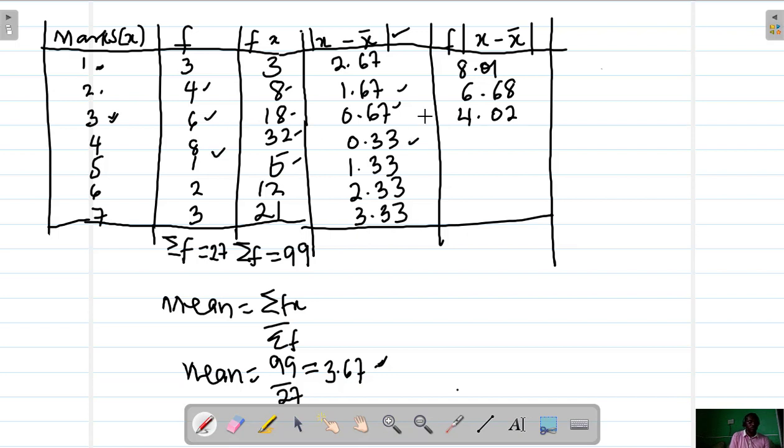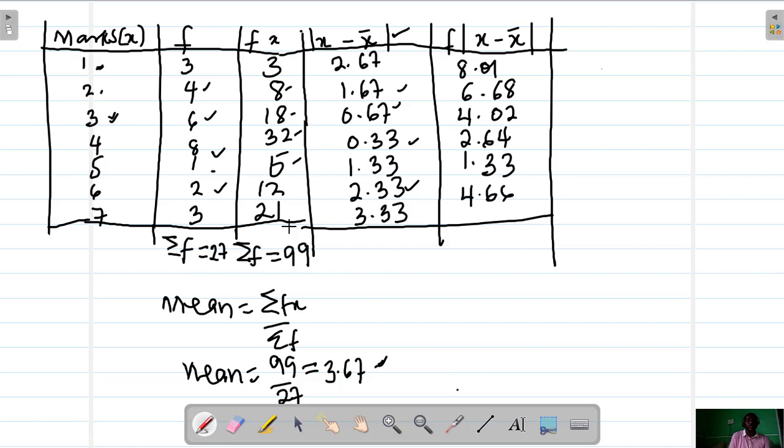8 times 0.33 will also give us 2.64. Then 1 times 1.33 will give us 1.33. Then 2 times 2.33 will also give us 4.66.